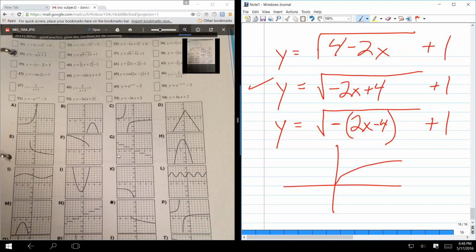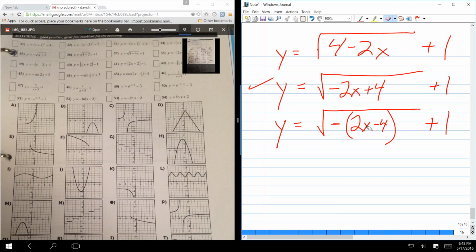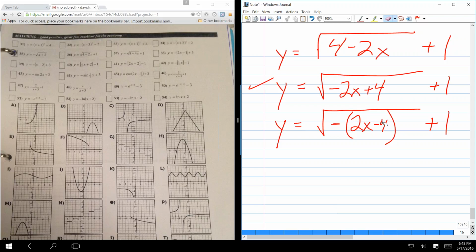F is actually the curve. And I didn't write it properly. First of all, let's figure out how I know that that's true. Notice that when x is 2, y needs to be 1. Well, when x is 2, the inside is 0, and y is 1.